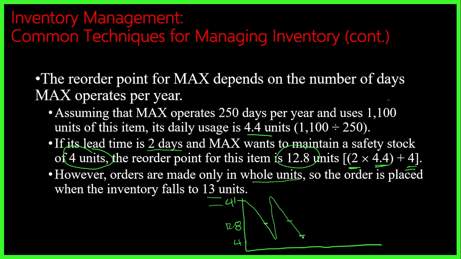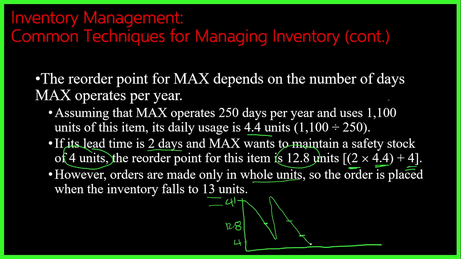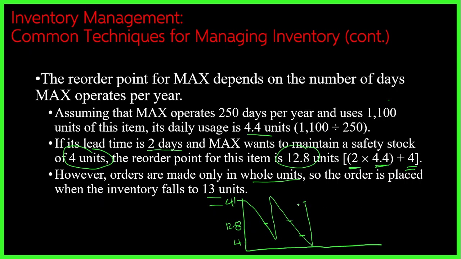After 2 days, you still have 4. Okay, you still have 4 for your safety stock. So after that, you will now have 41. So may difference na, no? Okay, na 4. Okay, this one will now be at 37.